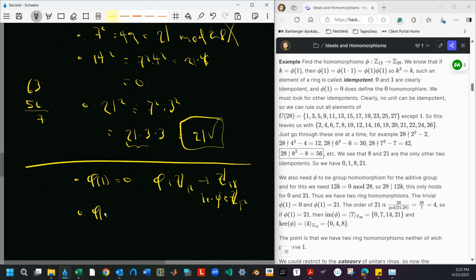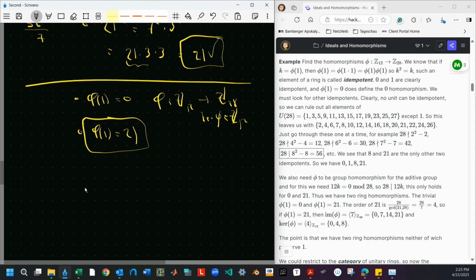And phi of 1 equals 21 is the other one. And you could go and figure out what the kernel is for this one. Let's see, which things get sent to 0?